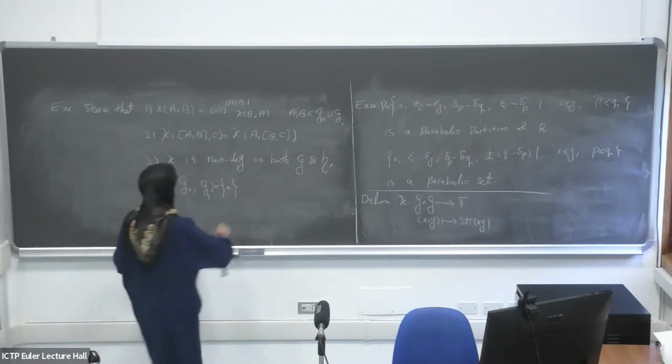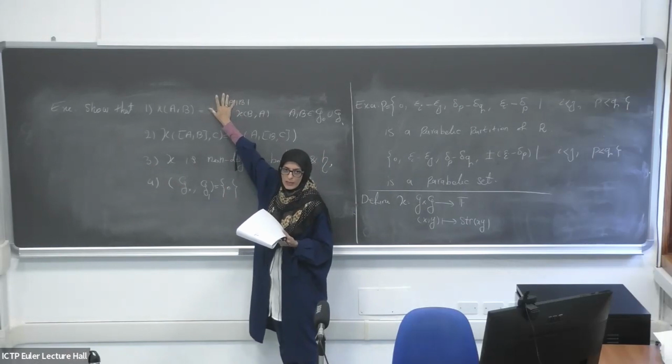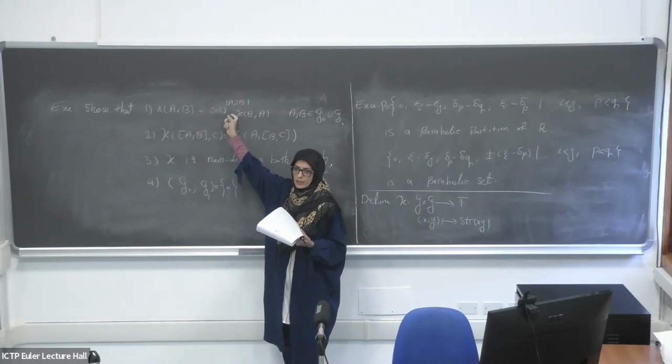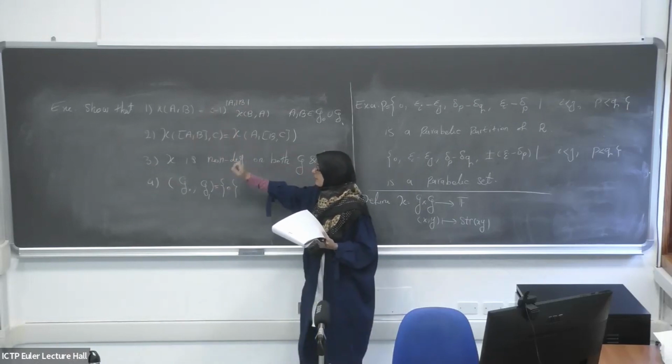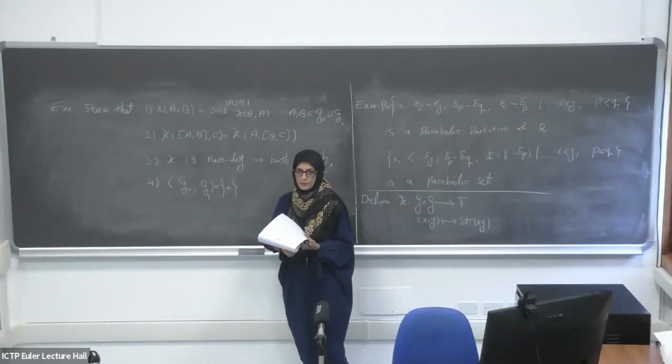If we omit this sign, kappa(A,B) equals kappa(B,A), we call it symmetric. And when this sign appears, we say supersymmetric. So kappa is supersymmetric, it is invariant, it is non-degenerate, and satisfies this property.